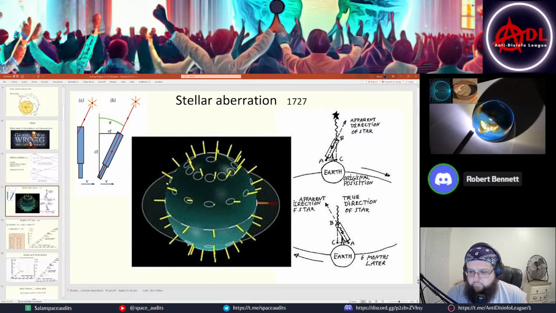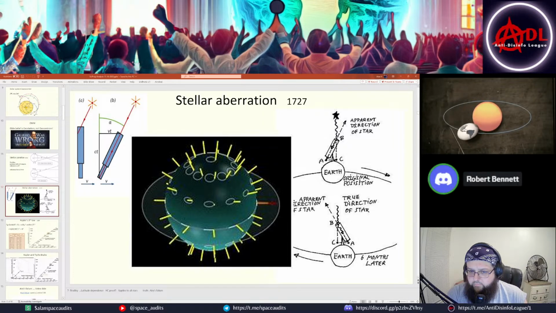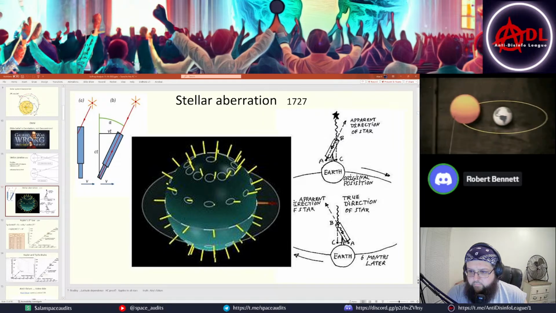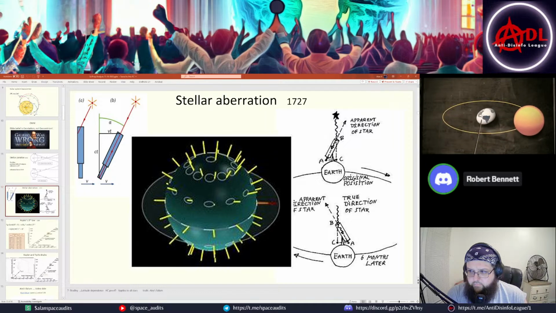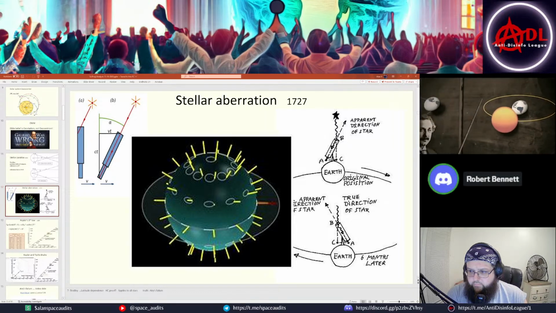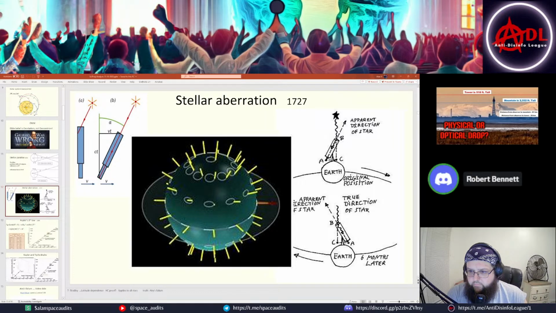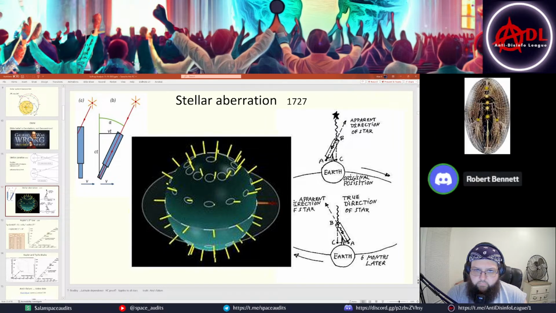Why can't they see a star by looking straight at it? And why does it move during the year in either circles or lines, depending on where it is? The other part of that diagram shows the mainstream interpretation of why stellar aberration occurs.